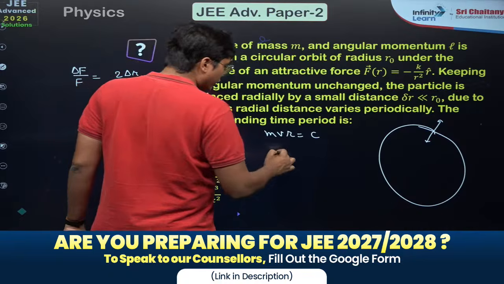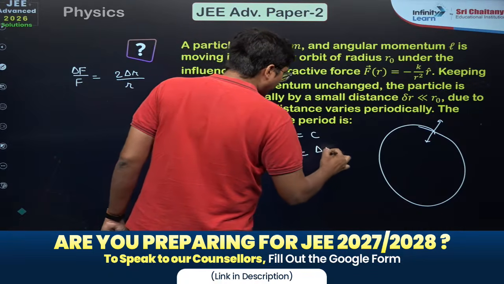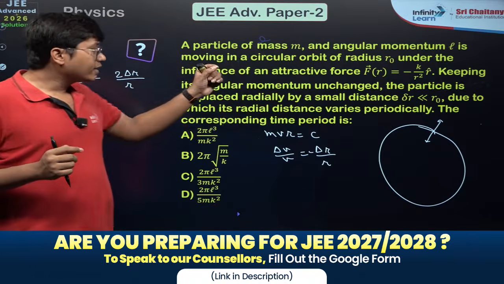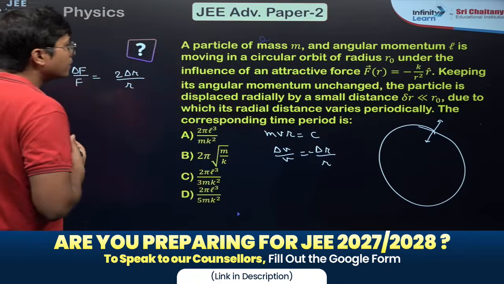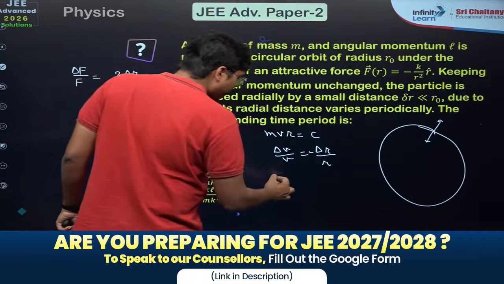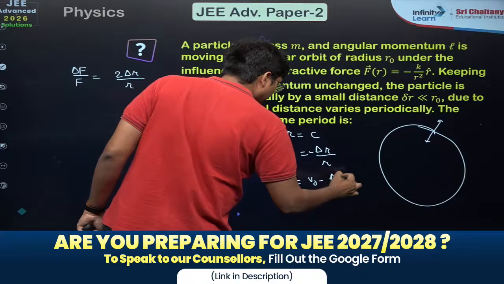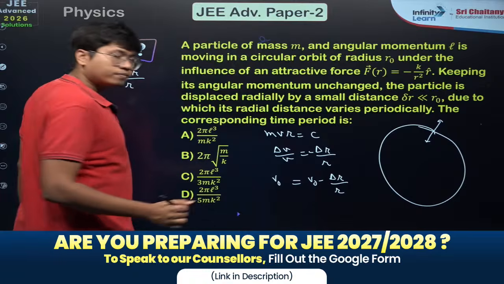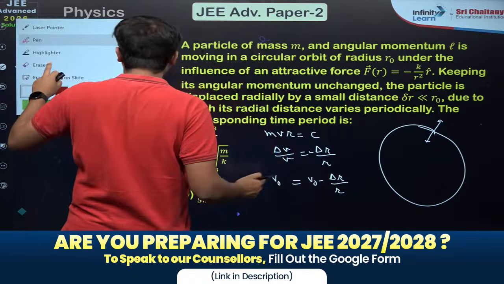So by that logic, your delta V by V basically is minus delta R by R. So if you increase your delta R, your V goes from, originally suppose its speed was, has its speed been mentioned? Speed has not been mentioned. Chalo, if its speed was V0, it now becomes V0 into 1 minus delta R by R, my mistake.